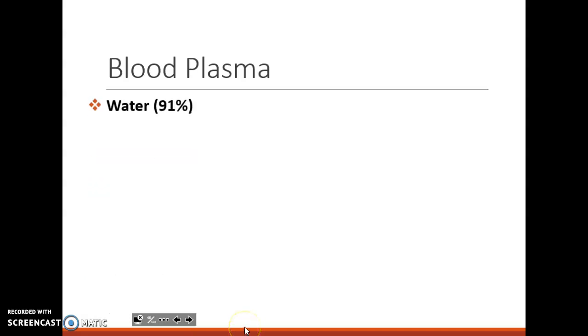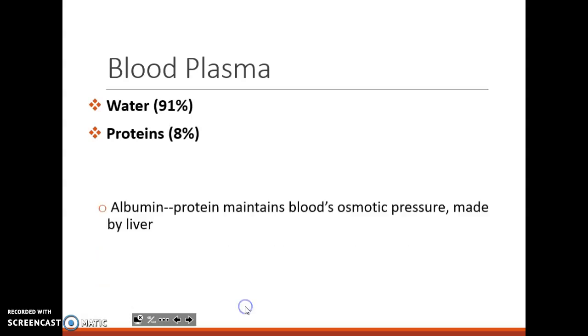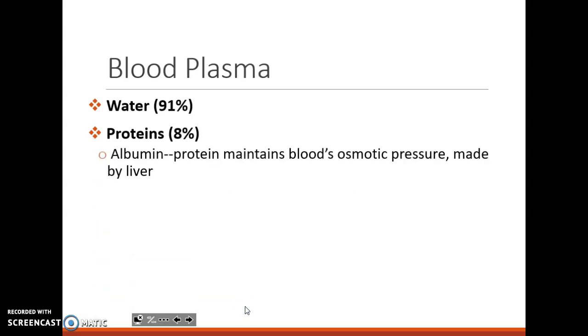Let's start off talking about the blood plasma. So plasma is mostly water, 91% water. Also, the other big part of it, 8%, is proteins. So you have some important proteins that are floating around in your blood.